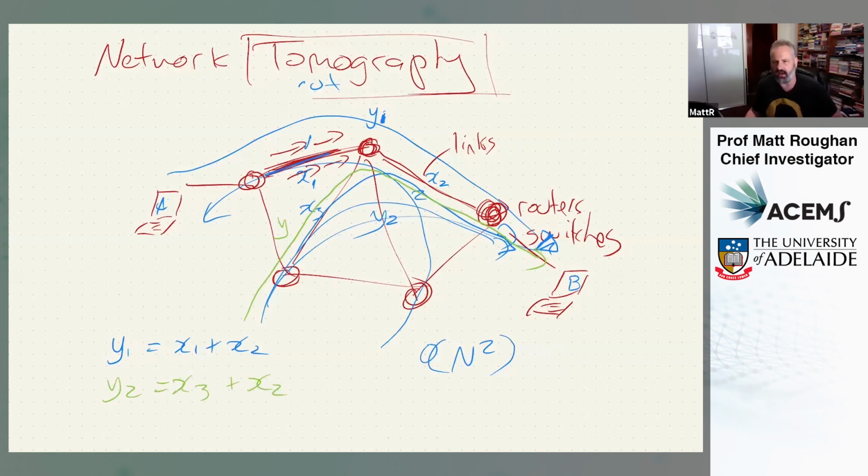Now, I can take a whole lot of those measurements and I can rewrite this in vector form as Y equal to AX. These are my measurements. They're path measurements. The X's are the thing I want to know.